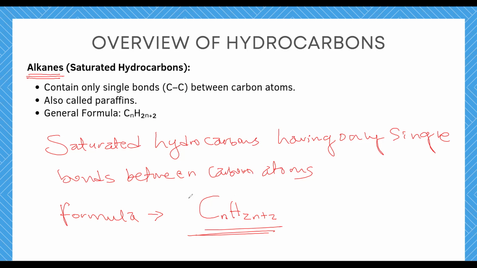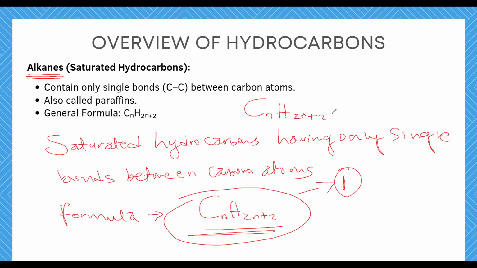So now this is the formula for alkanes. Do you know what this formula means? I'm going to tell you what the formula means. The formula is simply telling you that when you know the number of carbon atoms present in an alkane, then you can calculate the molecular formula for that alkane. So for example, let's say you have one carbon atom in an alkane.